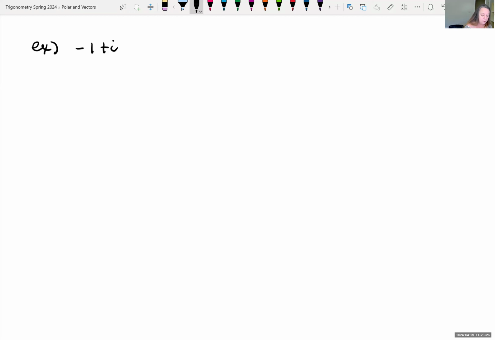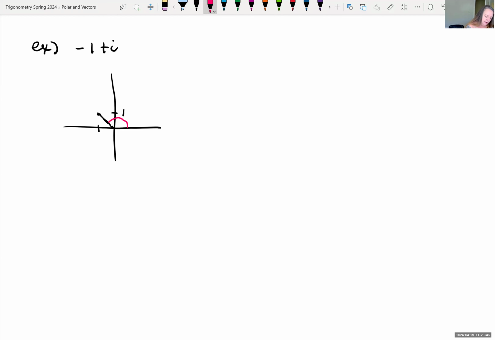So our real part is negative 1, so we're going to go over to the left 1. And our imaginary part is i, so we're going to go up 1. And so we're over here in our second quadrant.